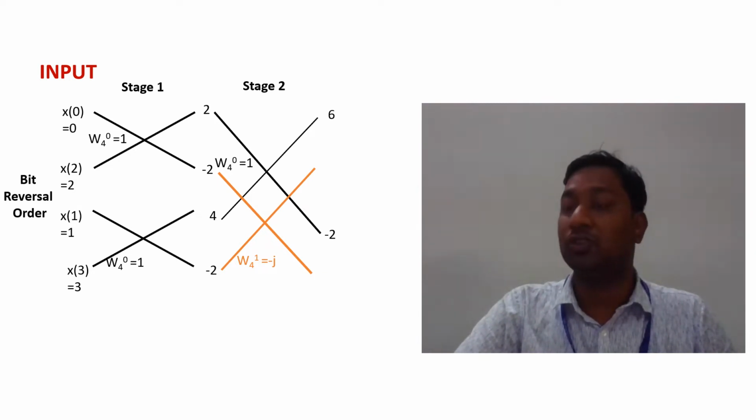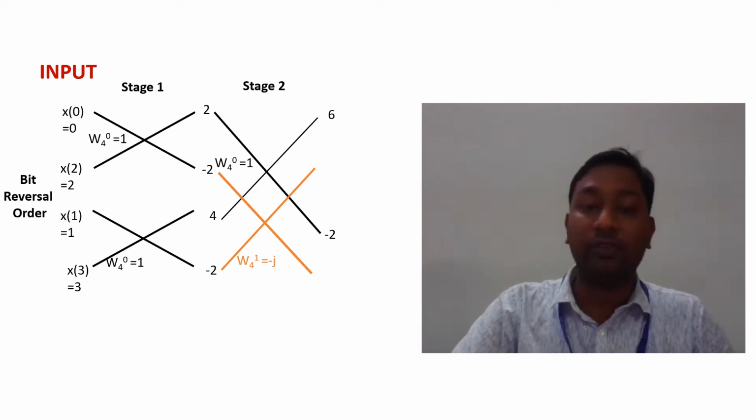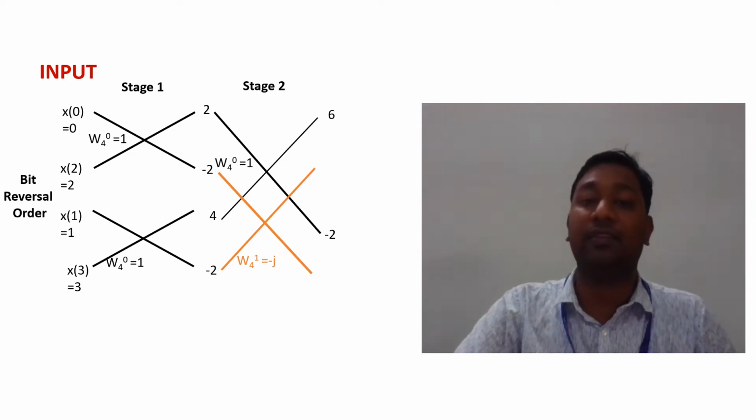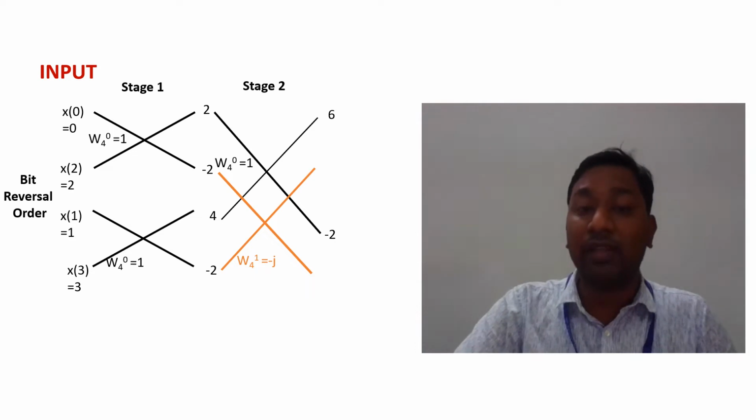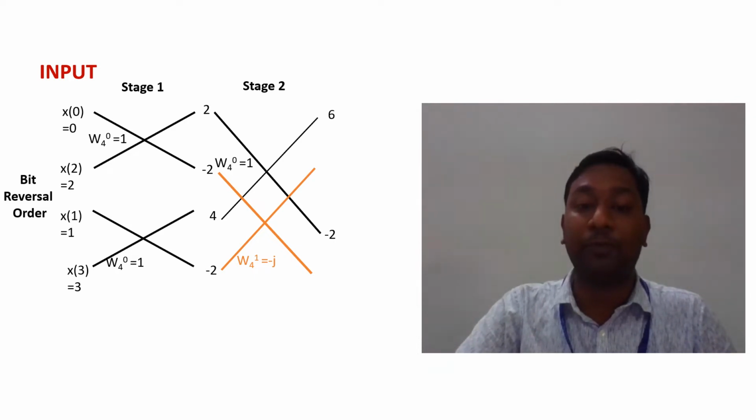So our stage 2 first butterfly is similar to the stage 1 butterflies, and we solve it with simple calculation. Now we will see the second butterfly. The twiddle factor associated with it is omega 4 to the power 1 equal to minus j. Here both inputs are minus 2.